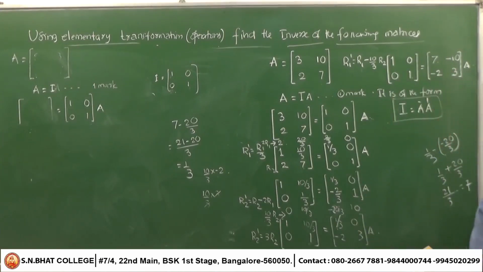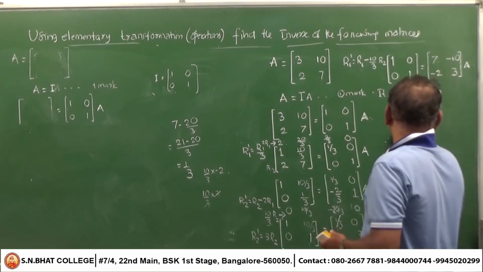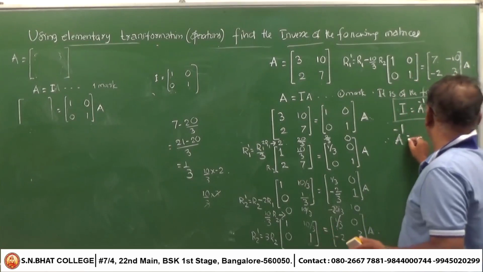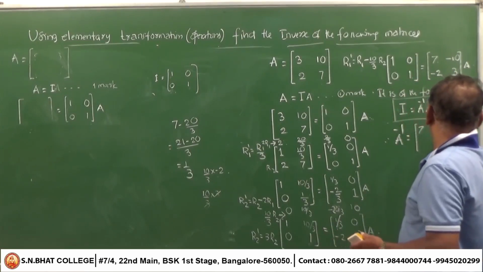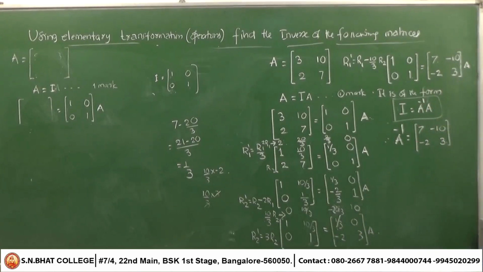It is of the form I is equal to A inverse into E. Therefore, A inverse is the matrix 7, minus 10, minus 2, 3.